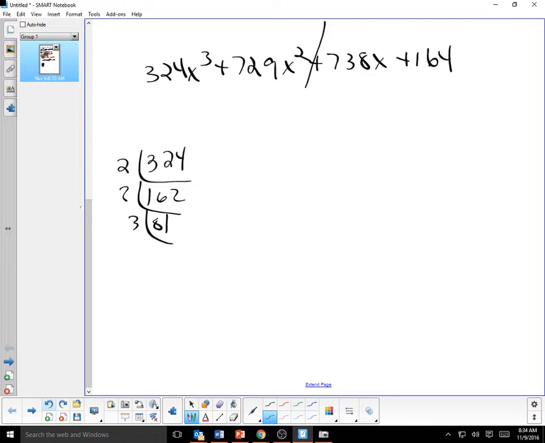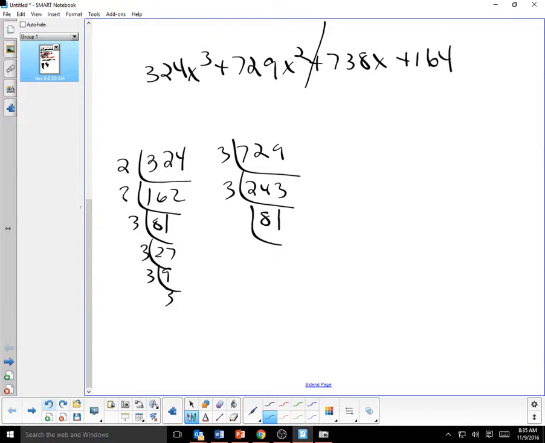That's going to be 3 and what, 27? 3, 9, 3, 3. 729 divided by 3 is 243. That's still divisible by 3. So divided by 3 is 81. So there's something in common. What is this? 3, 27, 3, 9, 3, 3.